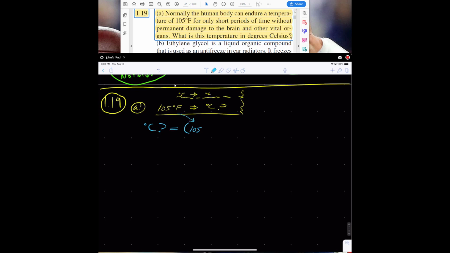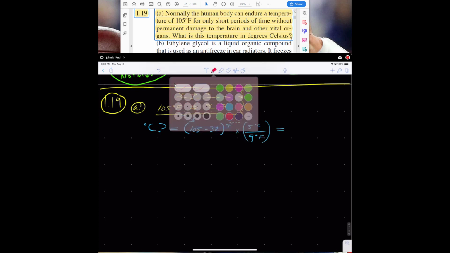And then part of the formula was minus 32, and those were our degrees Fahrenheit. And then we're going to multiply by 5 degrees Celsius over 9 degrees Fahrenheit. Okay? And we'll find out what that's equal to.